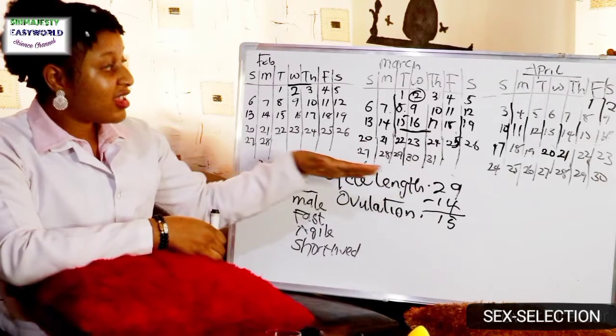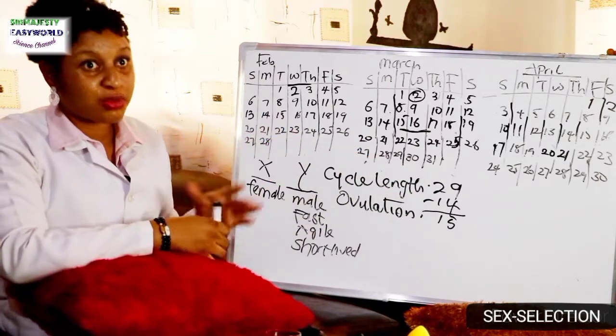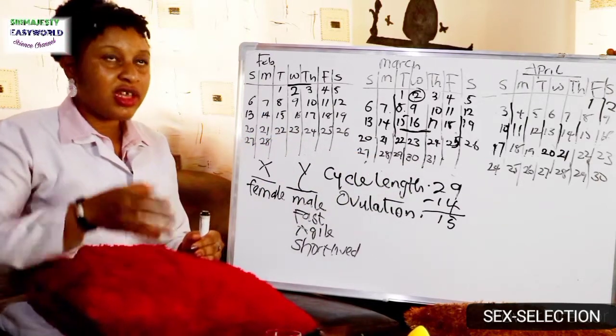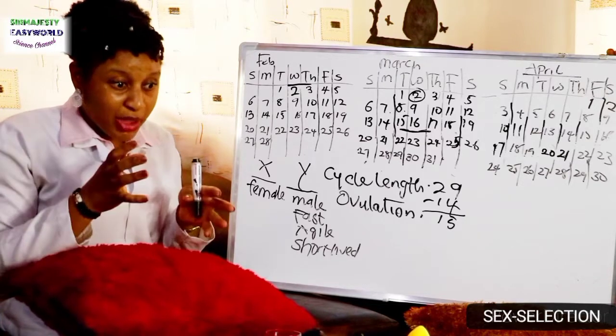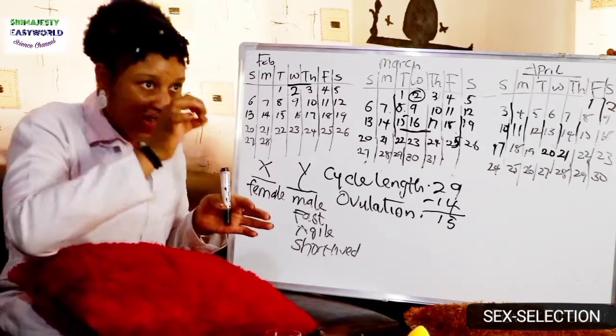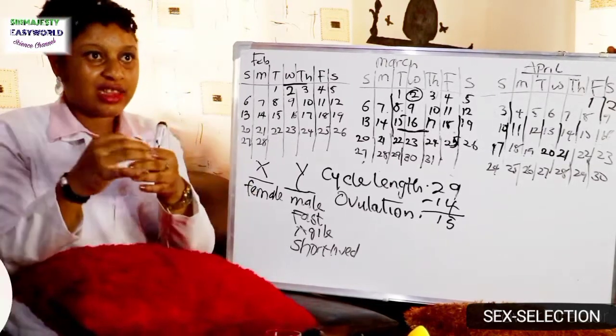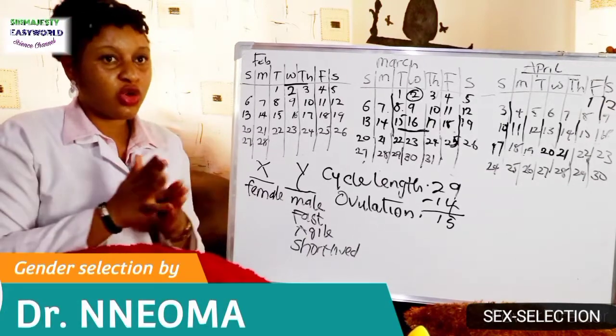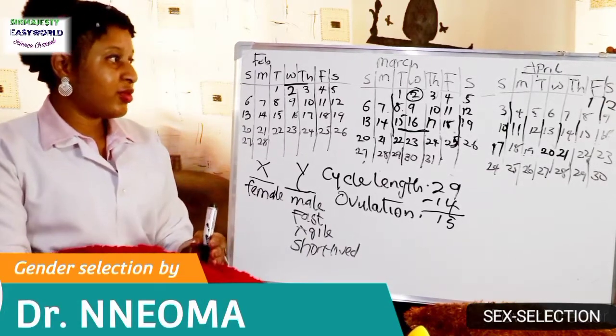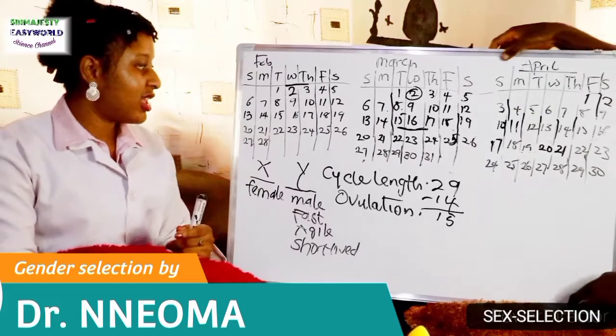The natural method works, but the chances are not as good as with in vitro fertilization, because there you can see the sperm and know, yes, this is it, and then you take it and mix it with the egg, and you get it almost always accurately. So that is it for sex selection.